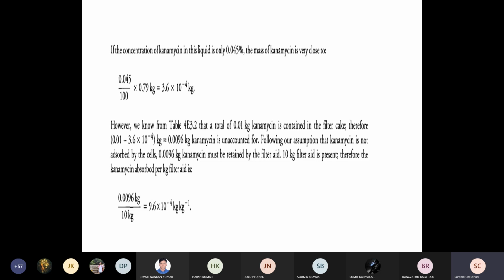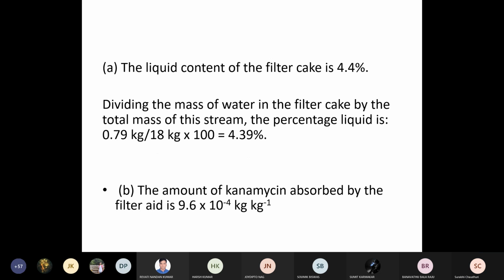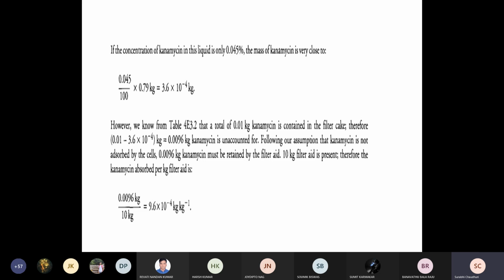So 0.045% of 0.79 kg is 3.6 into 10 to the power minus 4 kg, isn't it? And total amount of kanamycin in the filter cake is 0.01 kg.